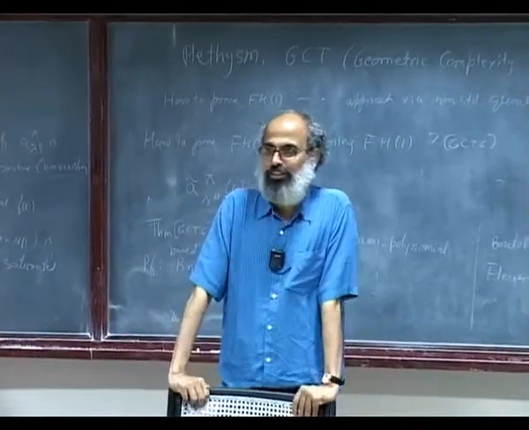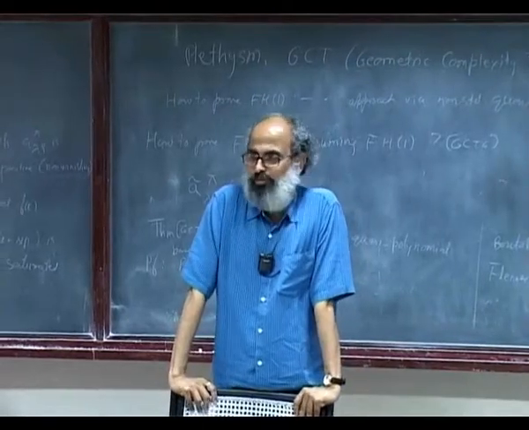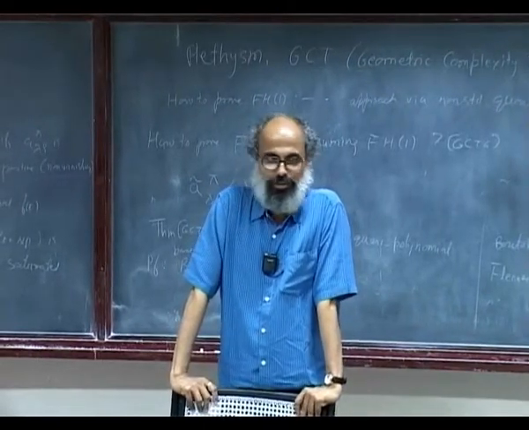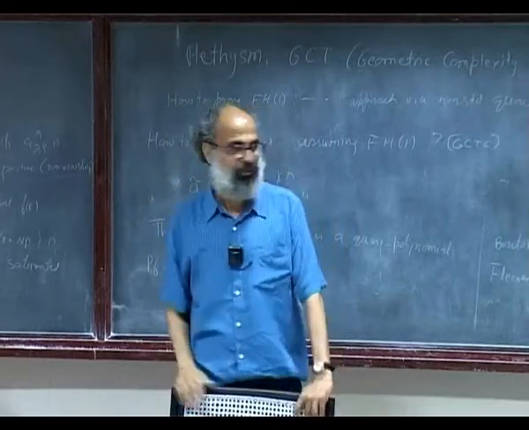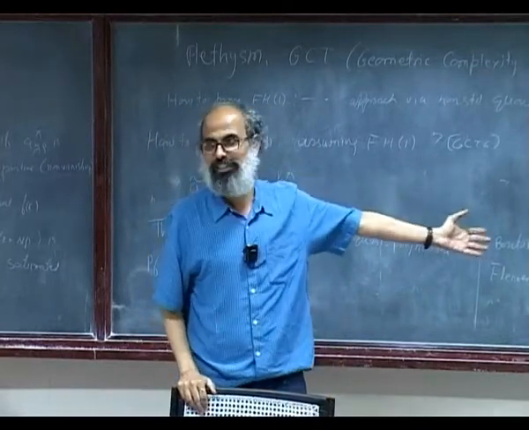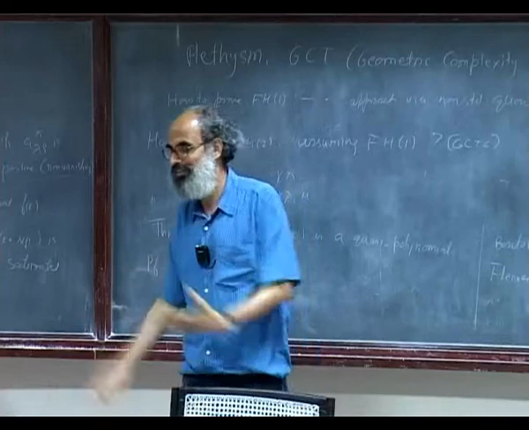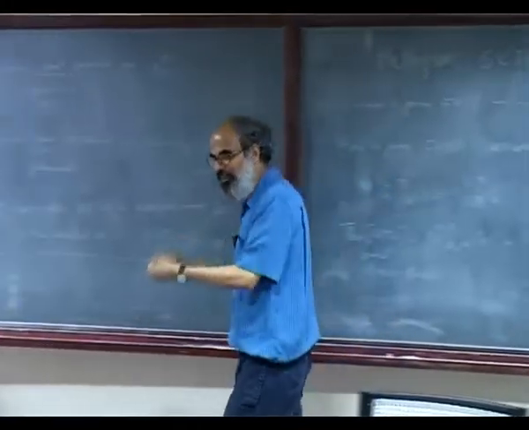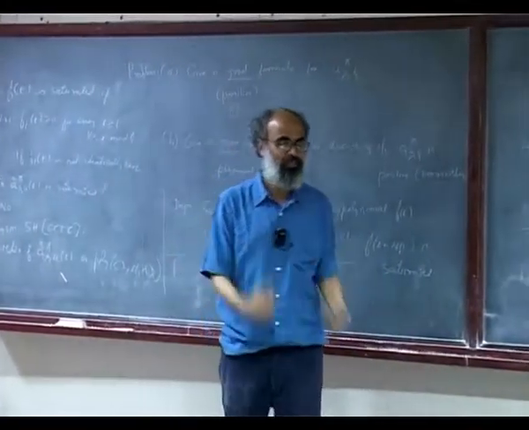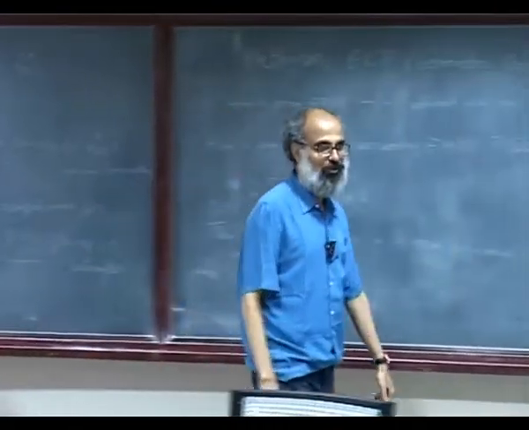And the connection is not to some peripheral problems of representation theory and algebraic geometry. Algebraic geometry we didn't go into here, but like representation theory, you can see that the connection is to the heart of representation theory. This is really the problem of representation theory which even mathematicians would want to solve.